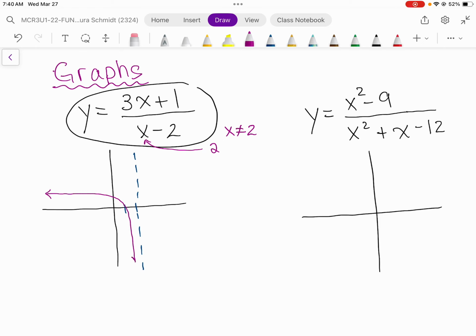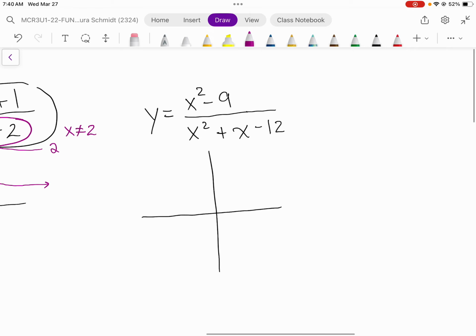I won't explain the horizontal asymptotes because you don't need that till grade 12. But your graph is going to look something like this. Again, you don't need to graph this, but I'm just giving you a visual. So by making sure the denominator doesn't equal 0, we can see that's where our vertical asymptote occurs.